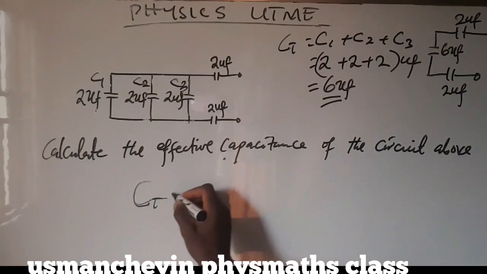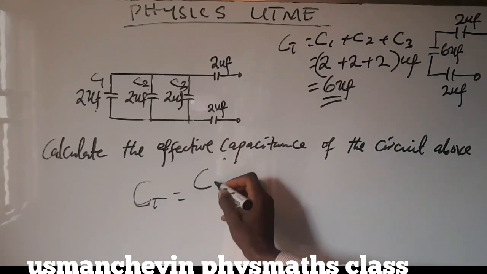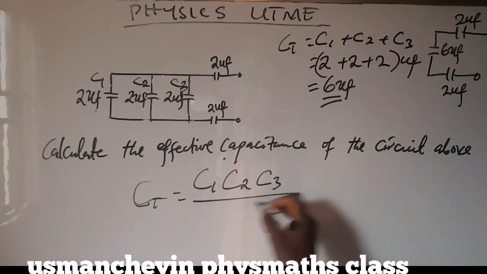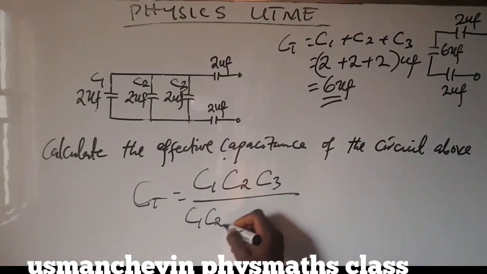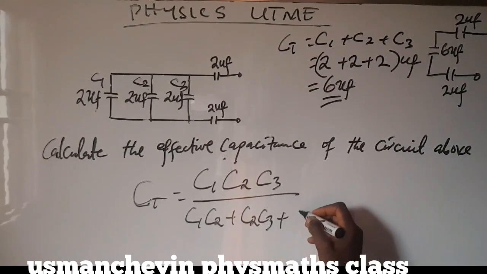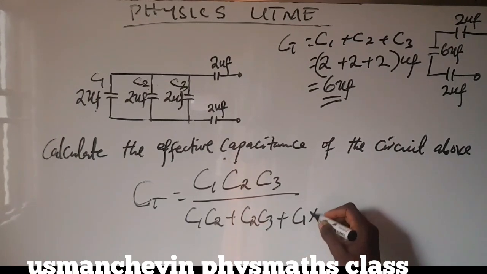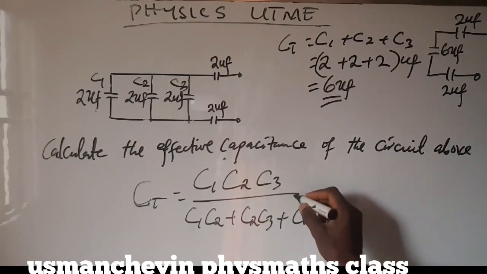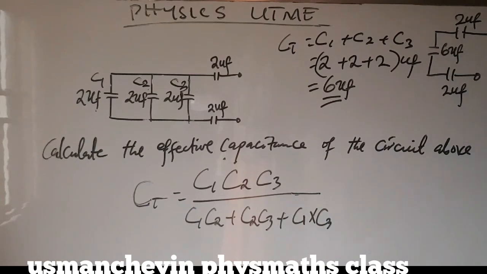C total will now be equal to C1 C2 C3 all over C1 C2 plus C2 C3 plus C1 C3. All right, so we can use this very particular formula.